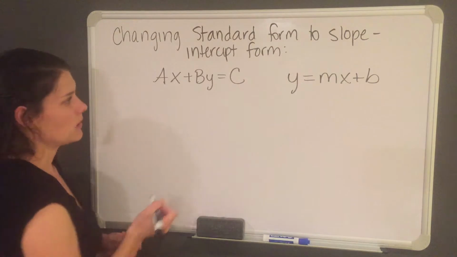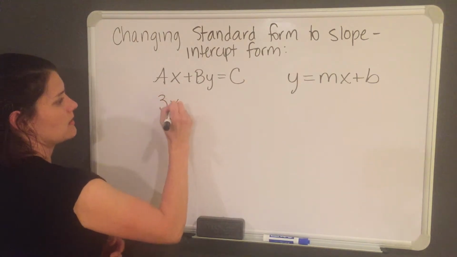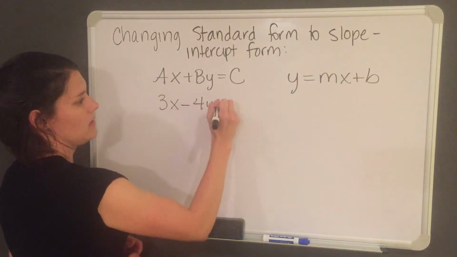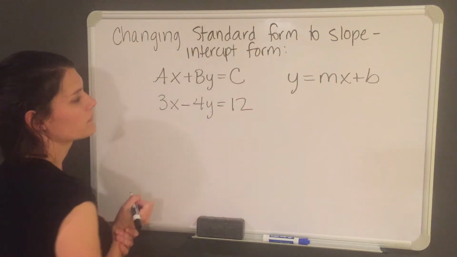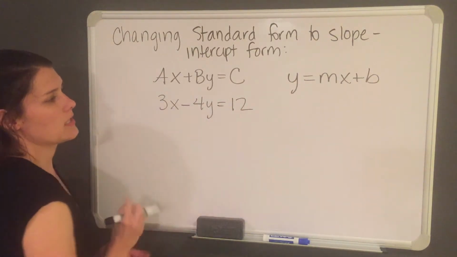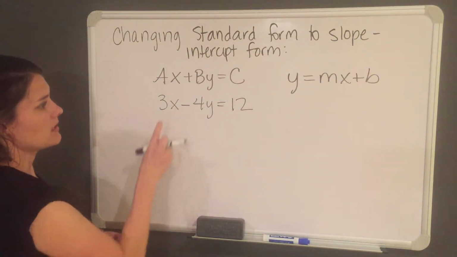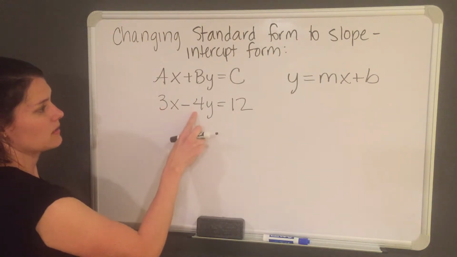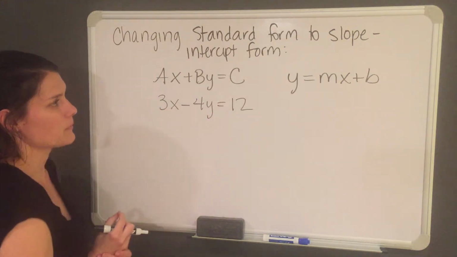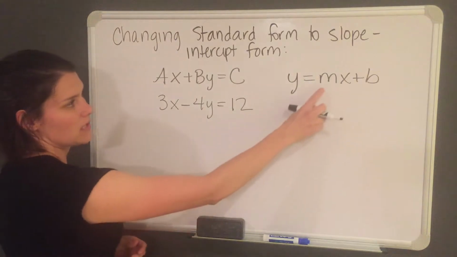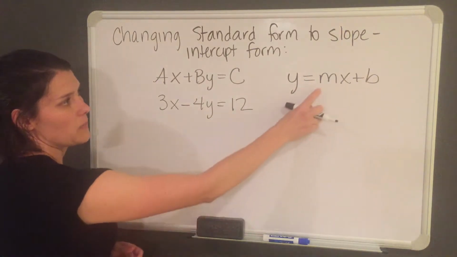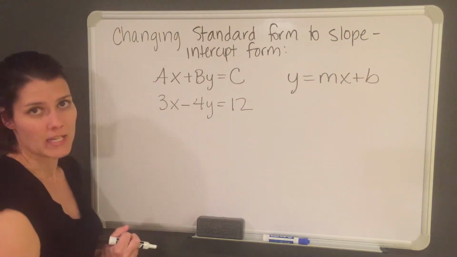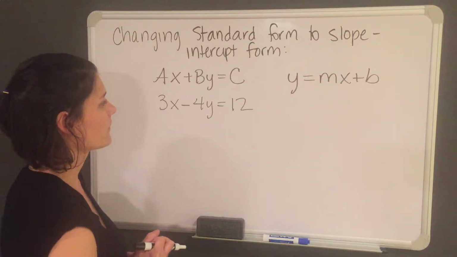The equation we're going to look at today is 3x minus 4y equals 12. This linear equation is in standard form because it is in the form of ax plus by equals c. I want to change this to slope-intercept form because slope-intercept form is easier to read and it's easier to graph.